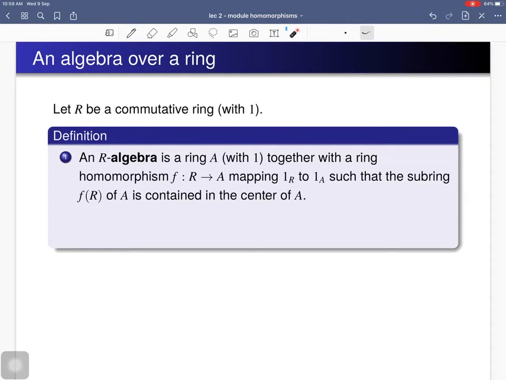Next we define an algebra over a ring. So you start with a commutative ring R with identity, and what is an R algebra?